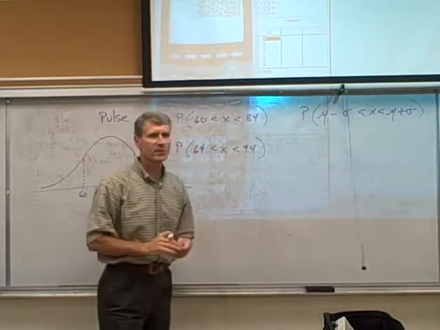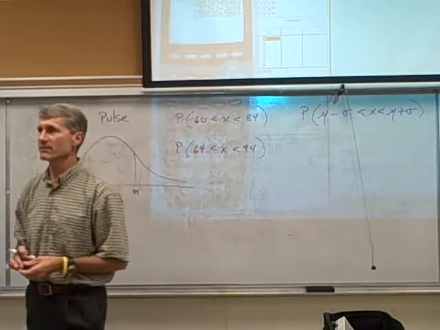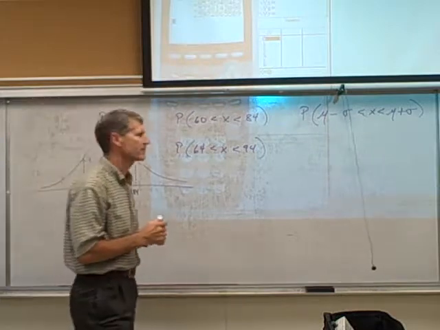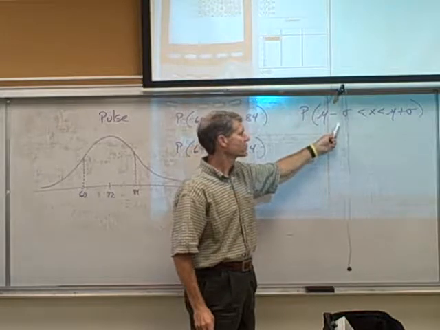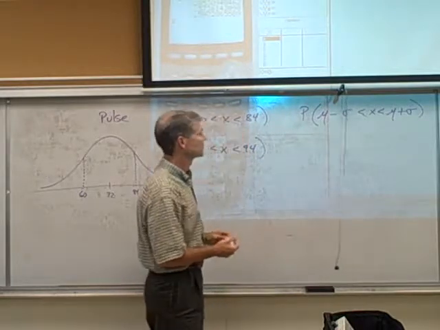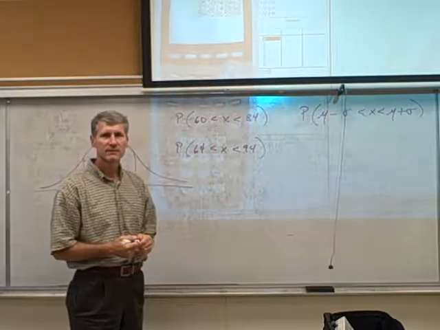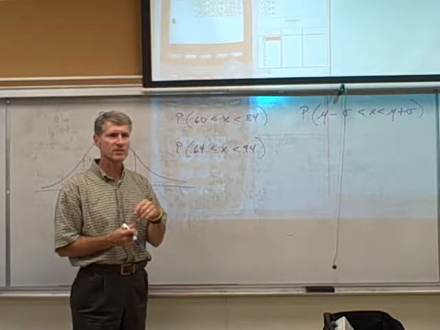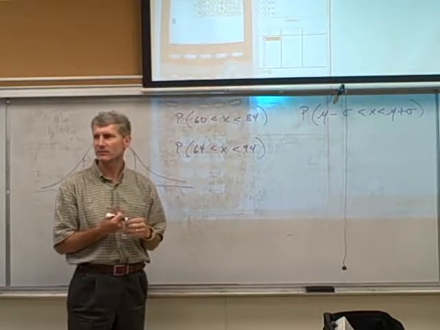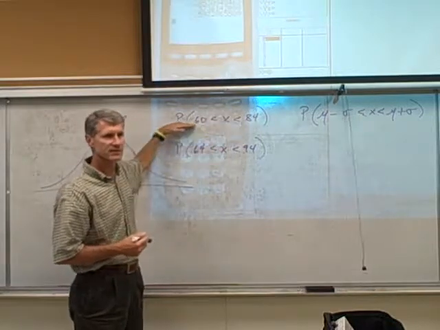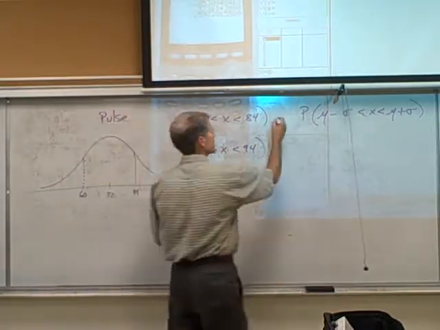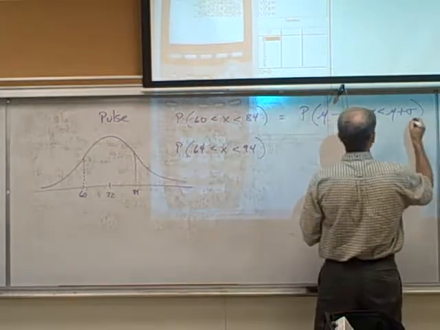This time I didn't tell you what the mean was. I didn't tell you what the standard deviation was. I just used their parameter symbols, mu and sigma. But what is this probability? The mean minus 1 standard deviation up to the mean plus 1 standard deviation. That's this case. So this is 0.68.